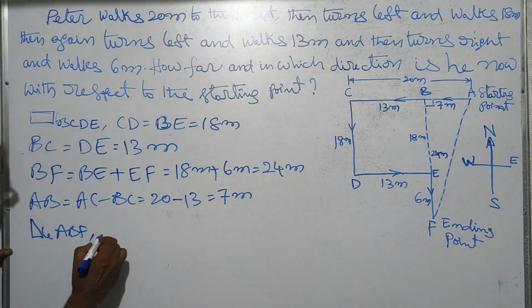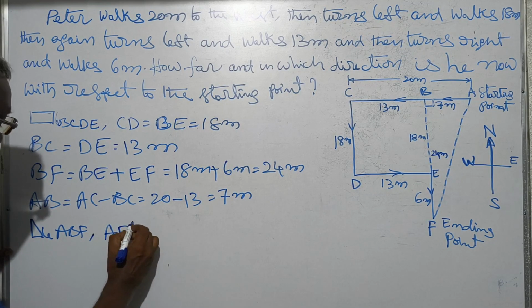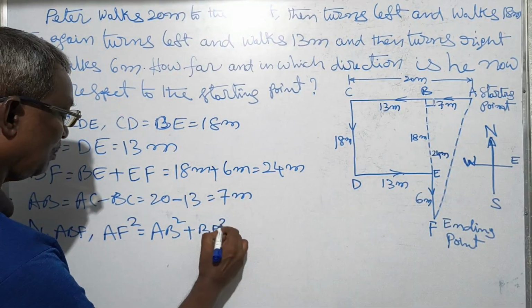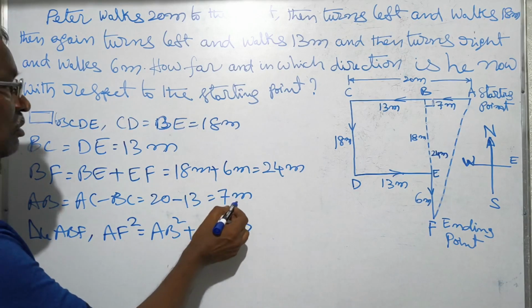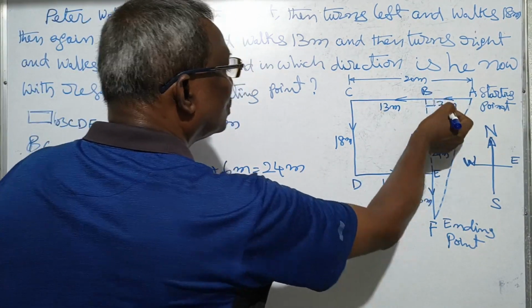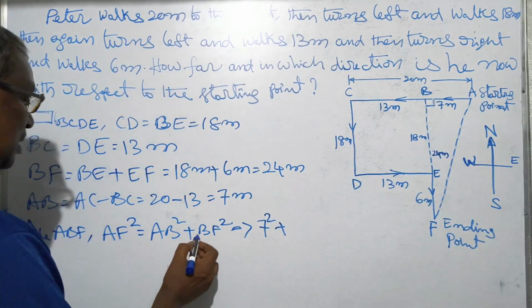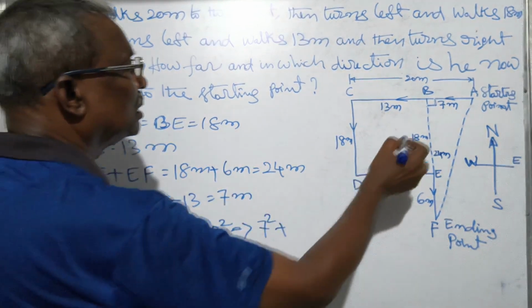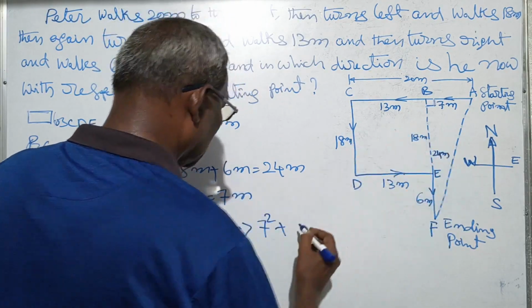So that means AF square is equal to AB square plus BF square. AB is equal to how much? 7 meters. So 7 square plus BF square. BF is equal to 18 plus 6, 24 meters.